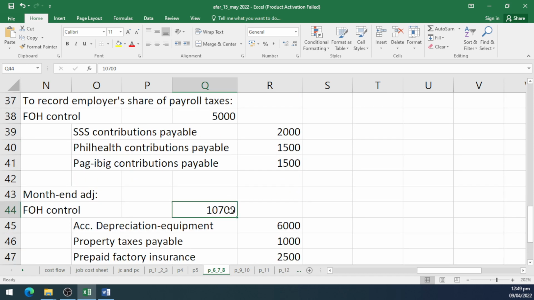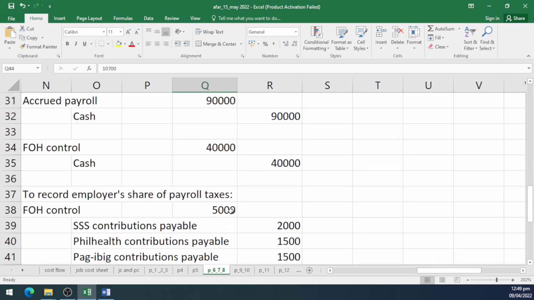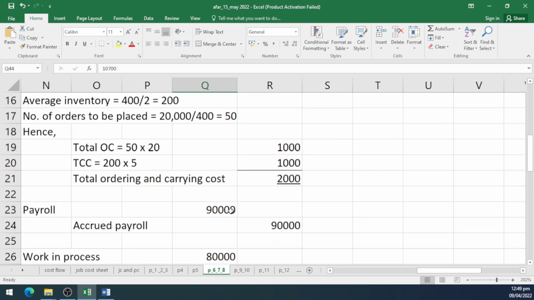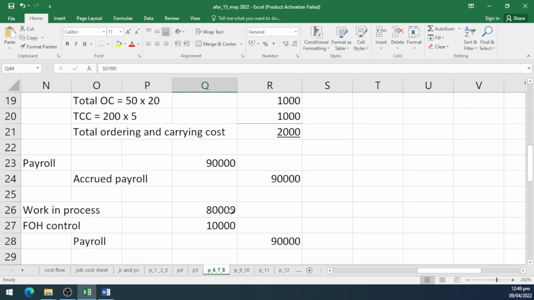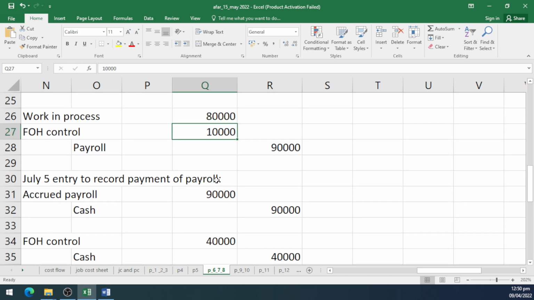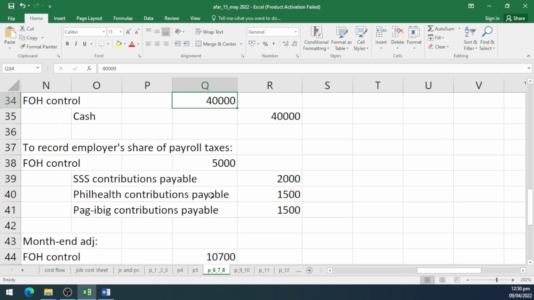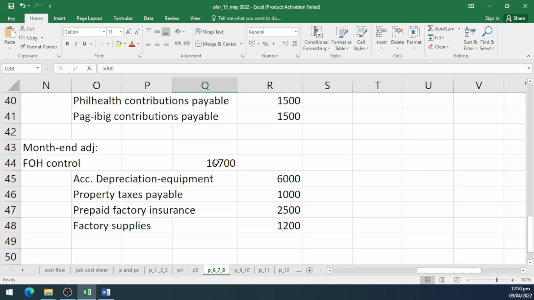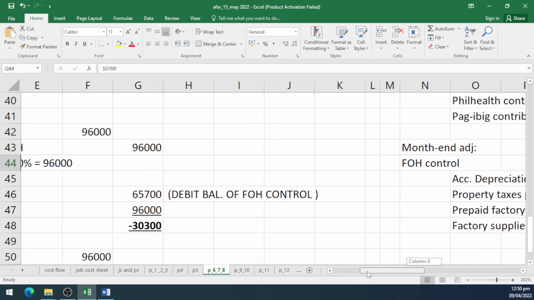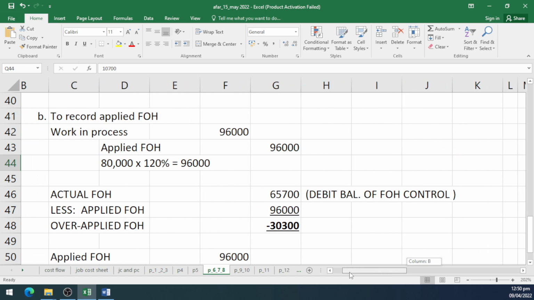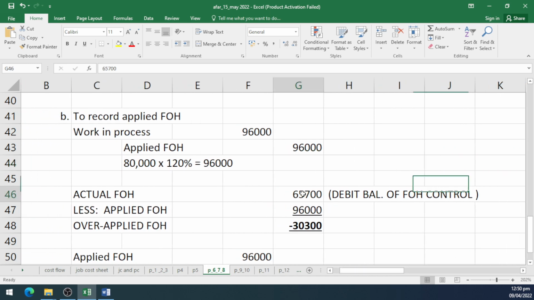So, your factory overhead control ngayon, if you will go over the entries, ito po, may debit na 10, may debit na 40, may debit na 5, may debit na 10,700. Ang total niyan, yan po yung actual factory overhead incurred for the month of June. And the total of that is ito, 65,700.